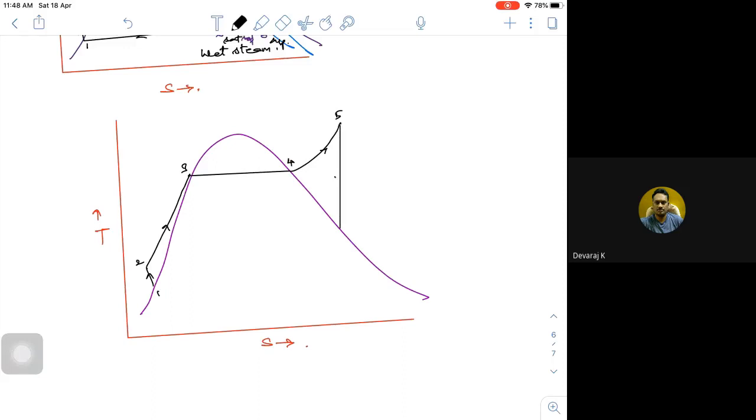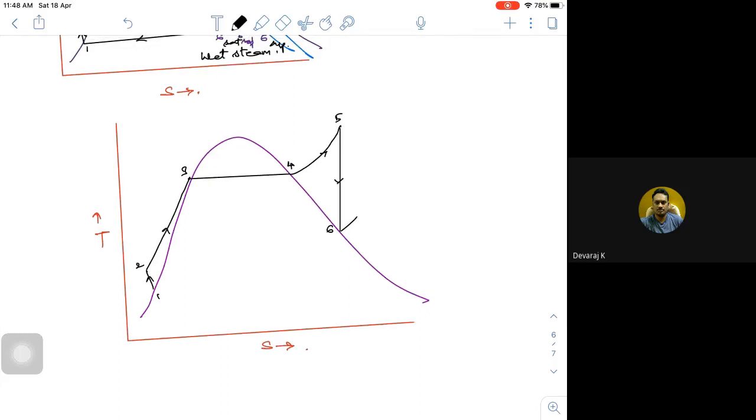You might have solved some problems on this in your applied thermodynamics. Then what we do? We try to send it back to the boiler and heat it back to the same temperature, so that this is 6 and this is 7, at the same temperature.